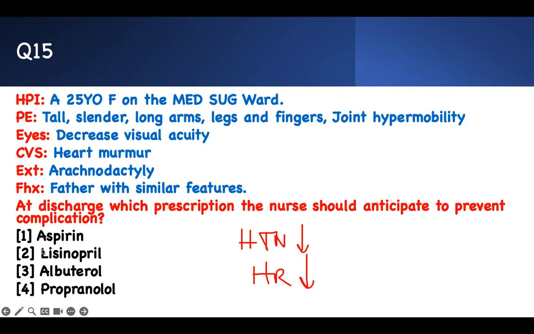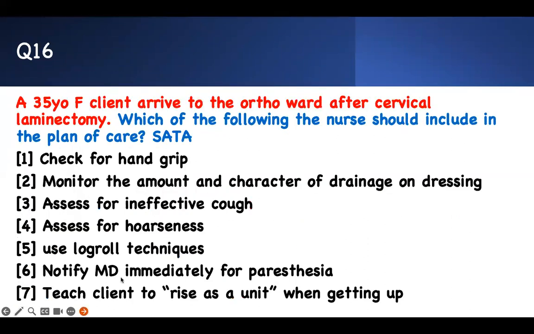Aspirin won't do that. Lisinopril will help with the hypertension. Albuterol will increase their heart rate. Beta blocker takes care of this and that. So number 4, everybody should be on a beta blocker for a patient with Marfan syndrome. You see, it's not difficult, right? Just break it down with your content.